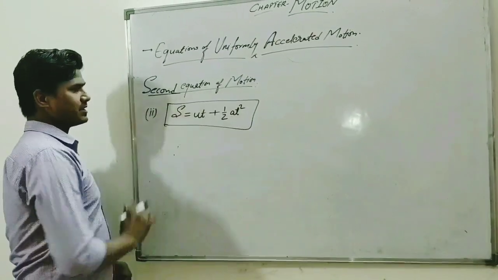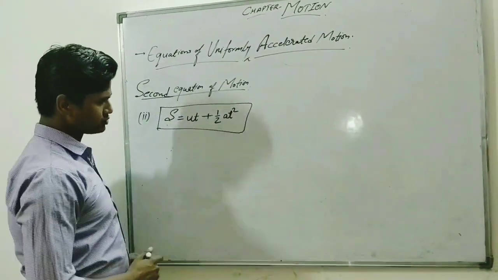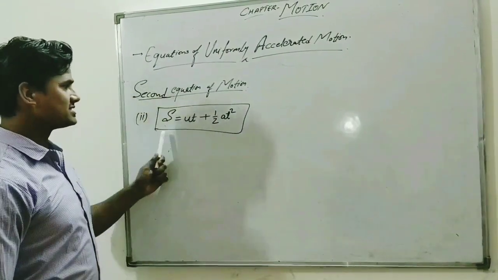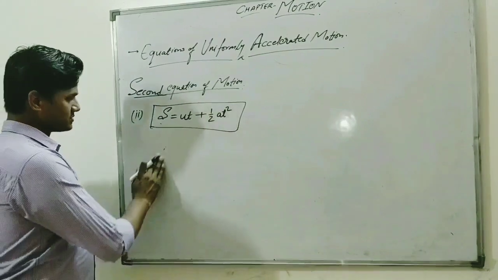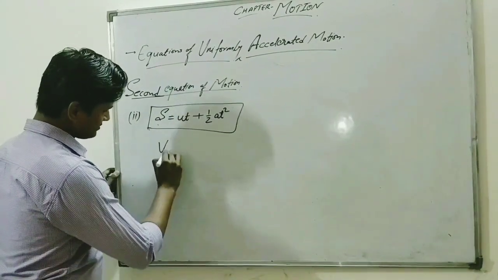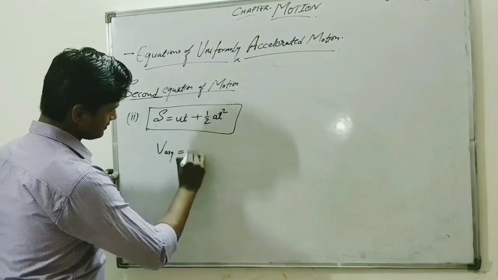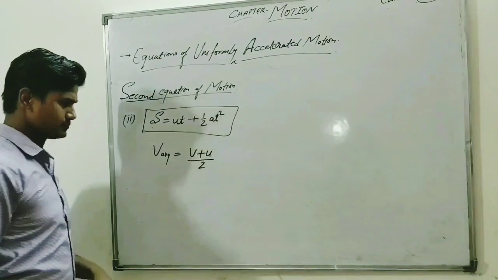Now we come to our second part, that is second equation of motion, which is S is equal to UT plus half AT square. Students, it gives the distance traveled by any body in time t. For this, we use the formula of average velocity, V plus U upon 2.